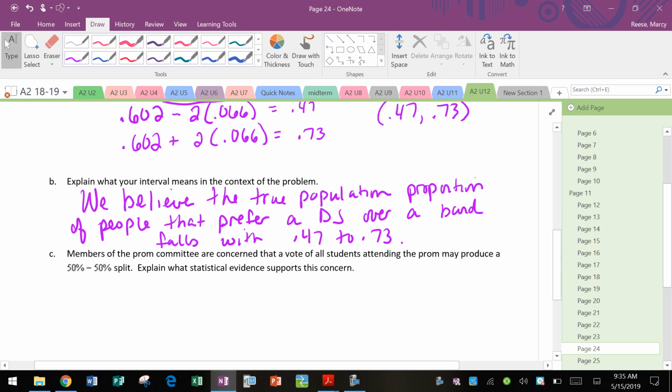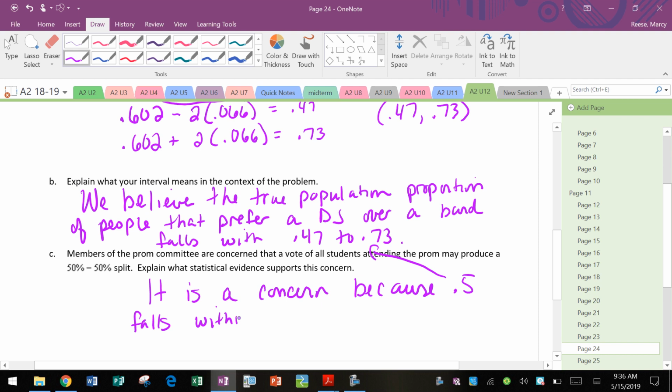Okay, members of the prom committee are concerned that a vote of all students attending the prom may produce a 50-50 split. Explain what statistical evidence supports this concern. Well, it's a concern because 0.50 falls within our confidence interval of 0.47 to 0.73.